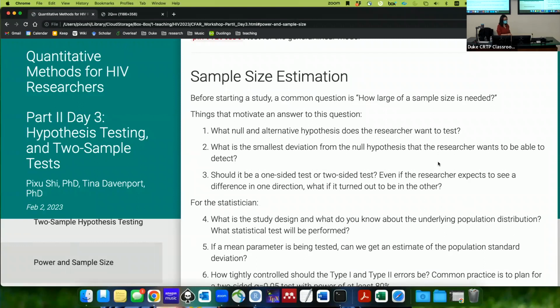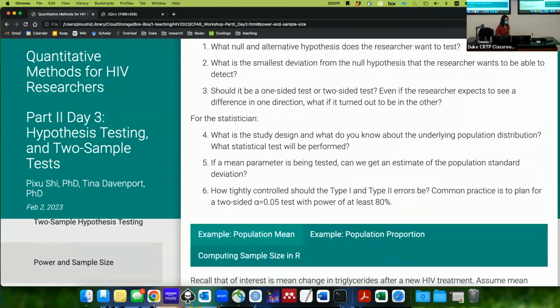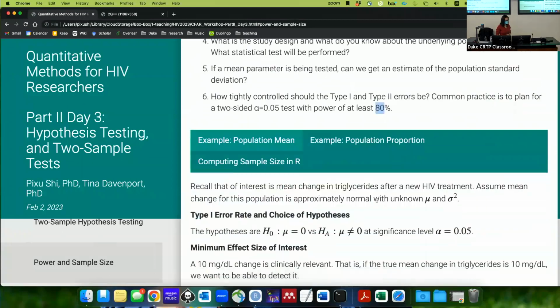Those will all affect your power calculation and sample size calculation. And in some situations, you do not have enough budget. You just have to write an effect size that's super large or a power that's not very large. By decreasing the power from 90 to 80, you may have a big reduction in your sample size required.